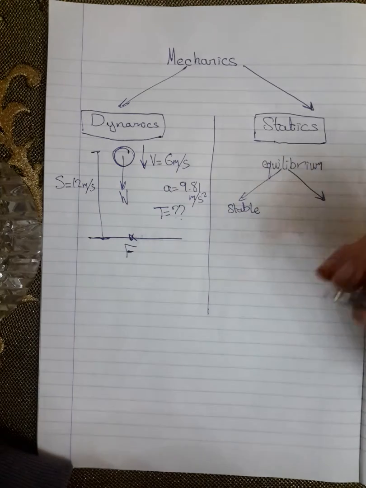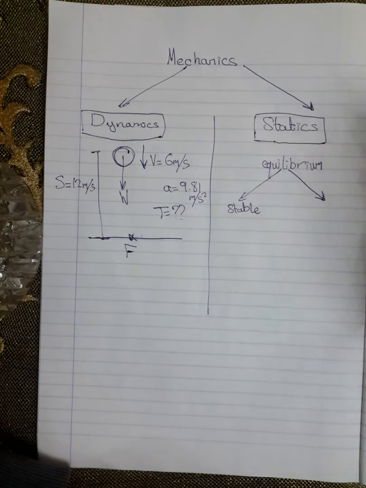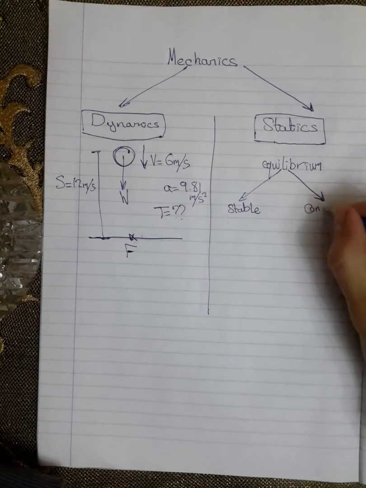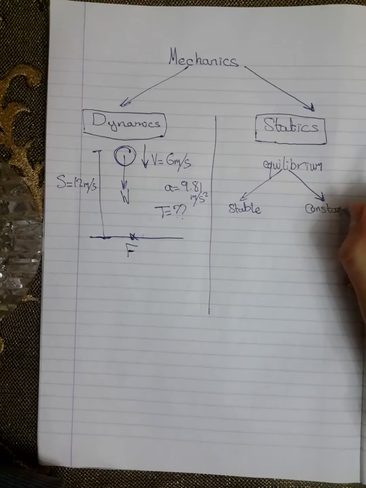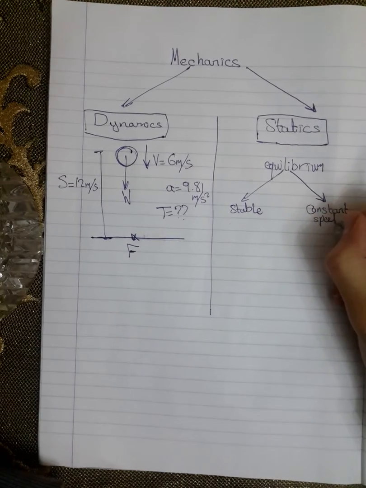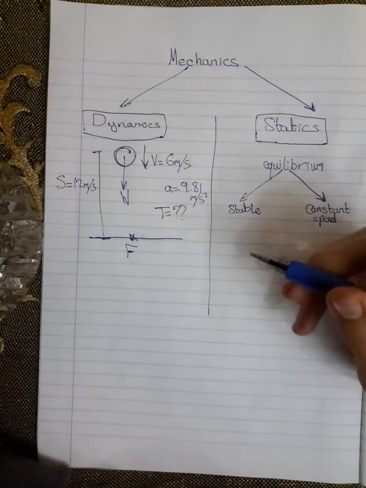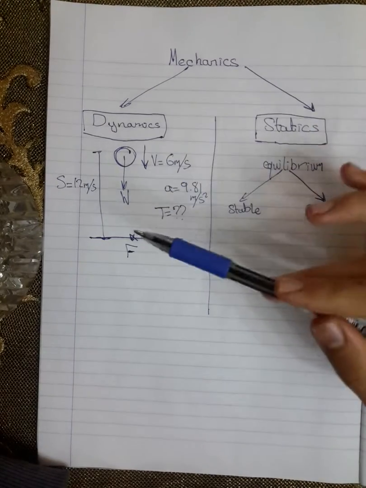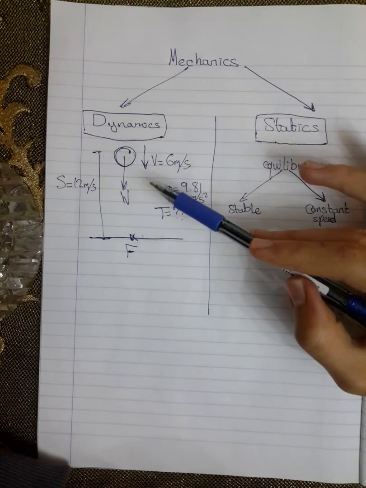Okay, so what's the next case? When the ball is moving at a constant speed. So you might freak out right now, as I said before in this video, that dynamics is a study of a moving object.